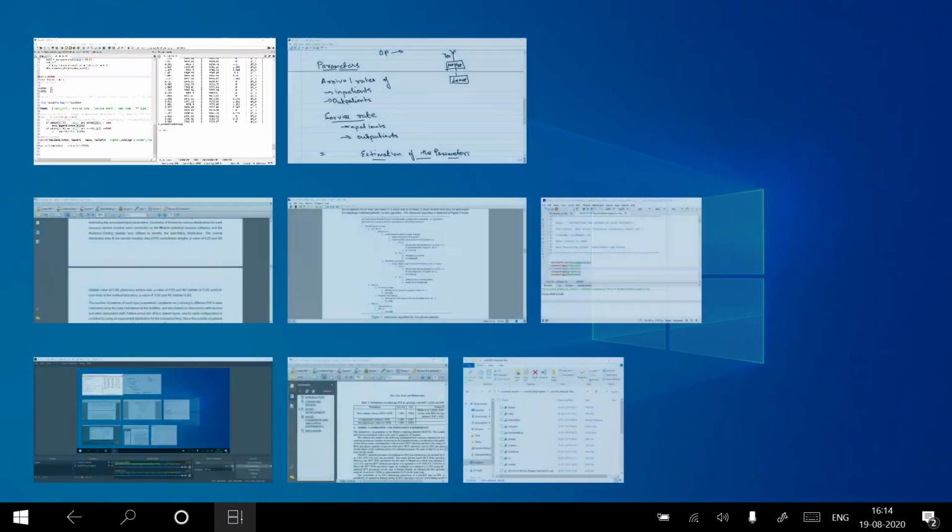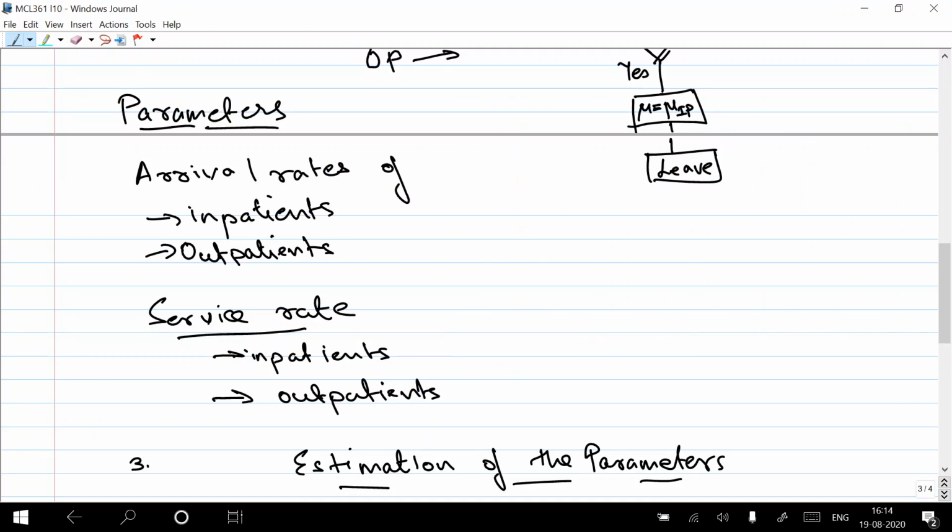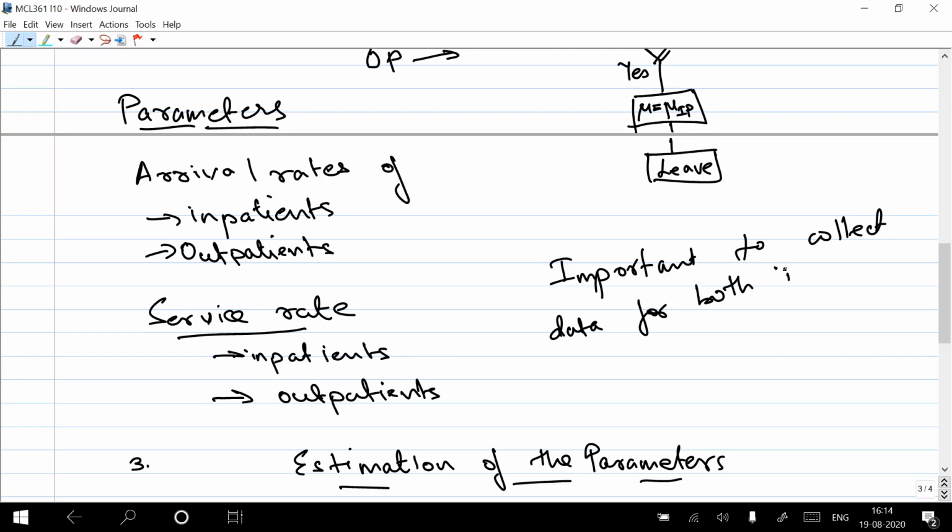Okay, all right. So one thing I'm going to mention here is important to collect data for both input parameters and outcomes, right?